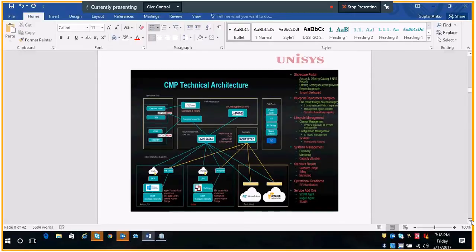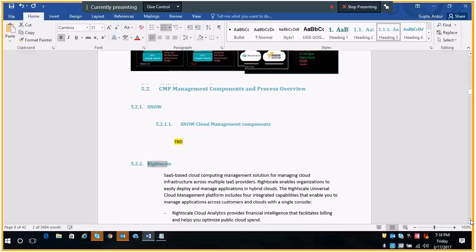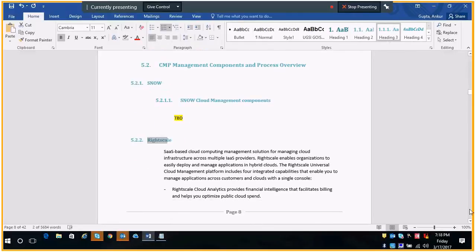That is what it is talking about. And then it talks about the components of the CMP, which would be meaningful for us. So SNOW, we have included. So TBD, again, we need to elaborate certain things more here, the way we have done it next for RightScale here. Right, Marcio, this TBD, that's the reason I have marked this yellow.